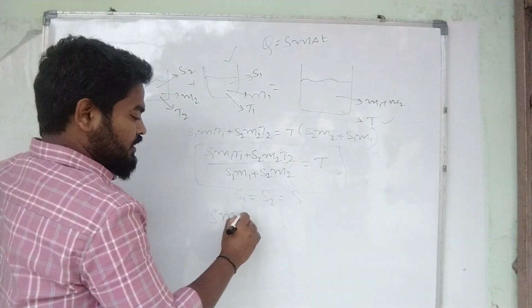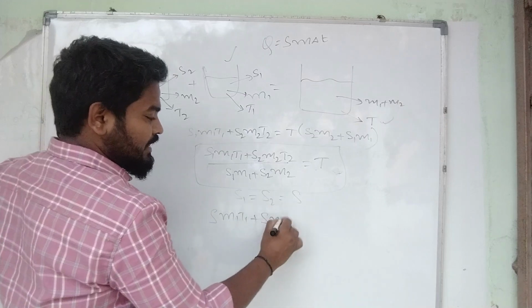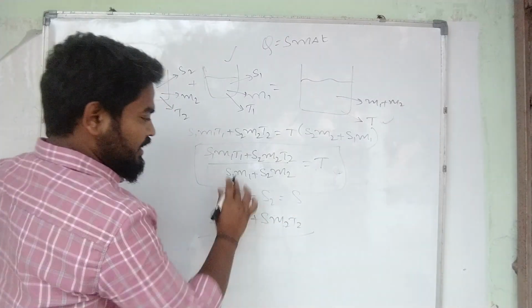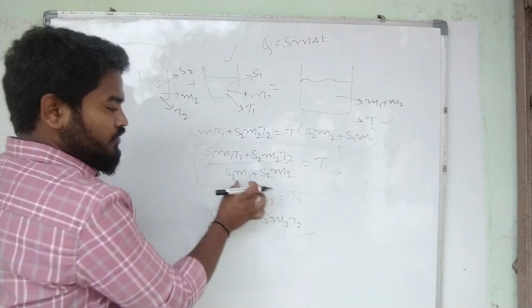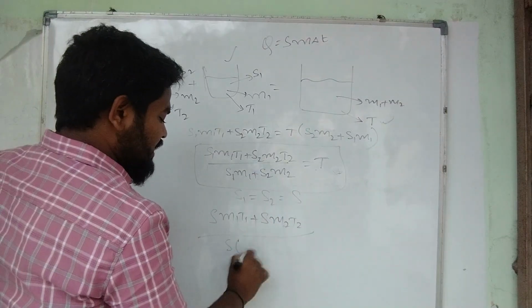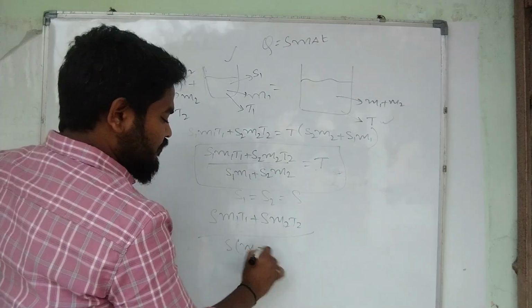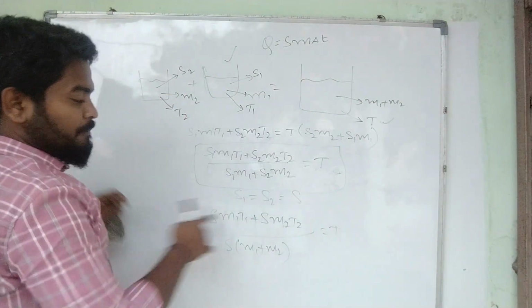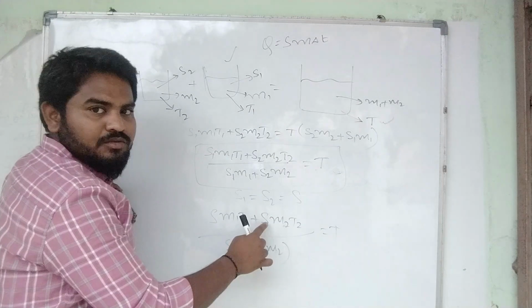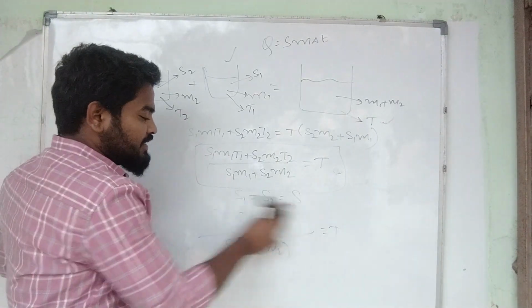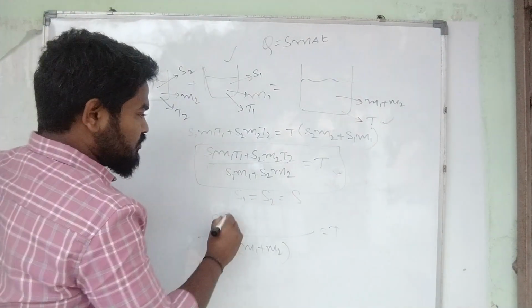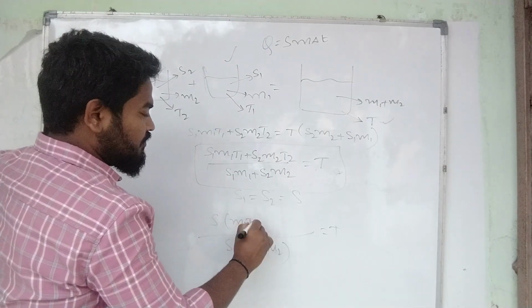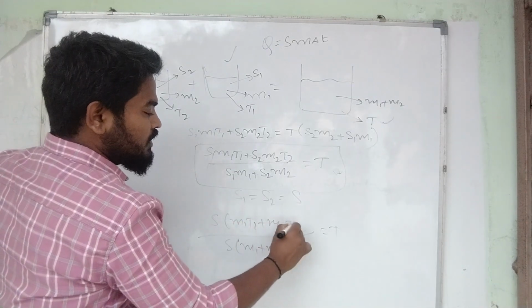Then S M1 T1 plus S M2 T2, divided by S M1 plus S M2. Here S is in every term, so we can take it as common. Look above also: S is there, S is there, so we can take S as common, with M1 T1 plus M2 T2 on top.